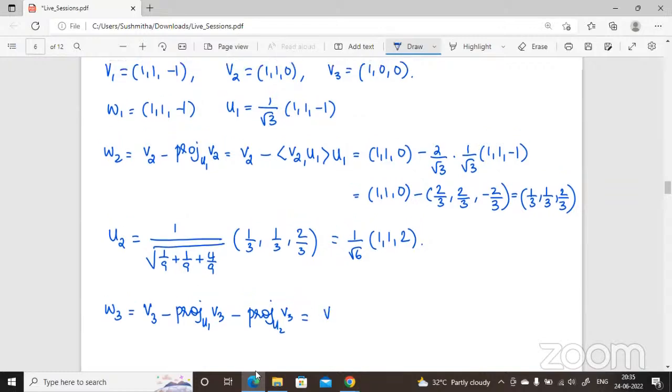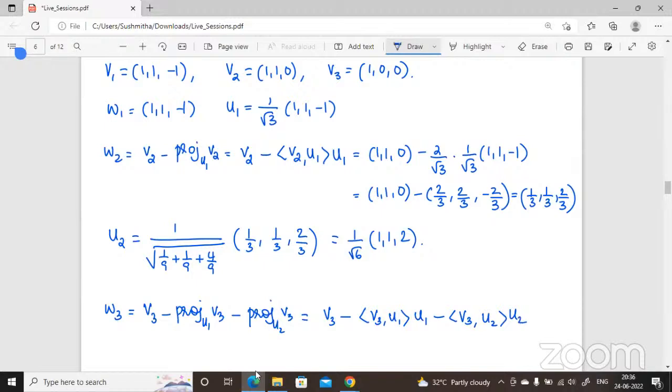That is V3 minus the inner product of V3 with U1 times U1, and so on. I'm not dividing by the norm of U1 and all because they are unit vectors. That is why we want to convert it into an orthonormal basis. You can do it for an orthogonal basis also, but everywhere you'll have to divide by the norm. That's all.